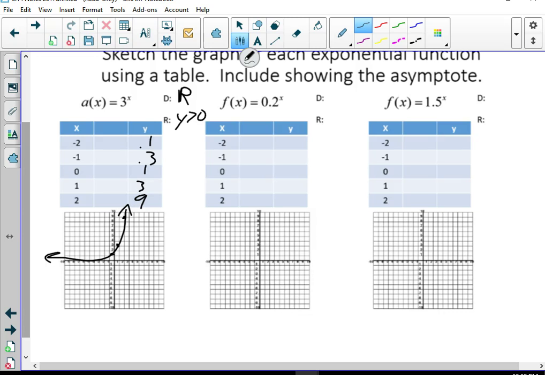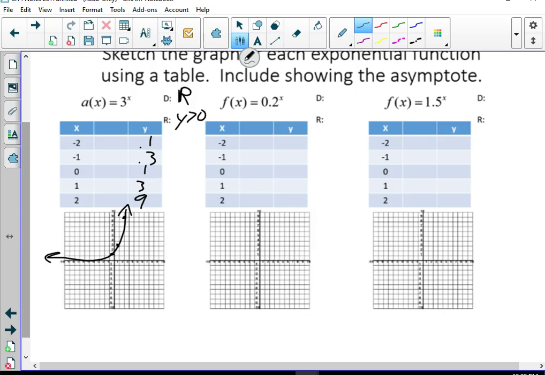Okay, 0.2. That's 2/10 or 1/5. So this is going to be a decay. This means it's going to be going the opposite direction. So what's 0.2 to the negative 2? You should be typing this on your calculator now for practice.